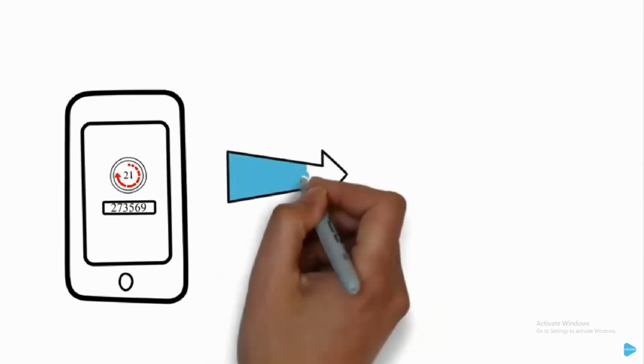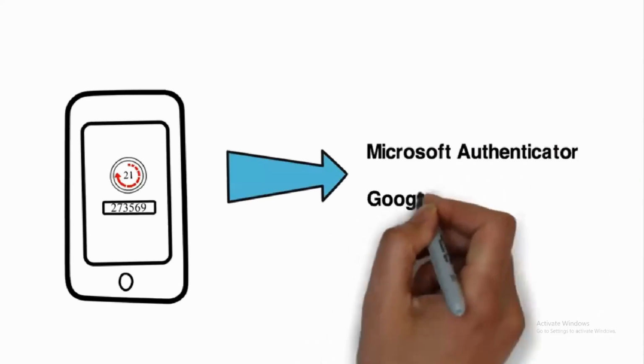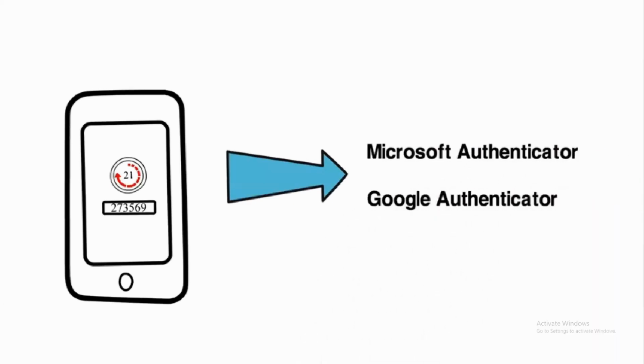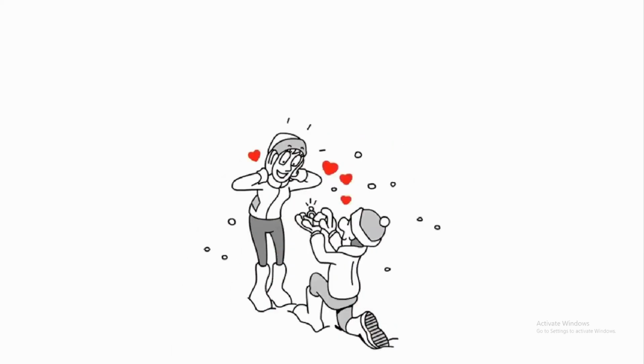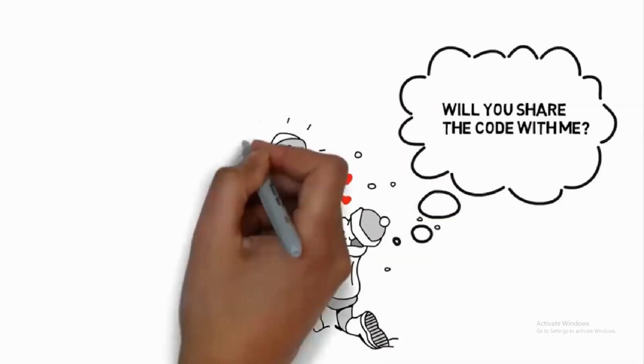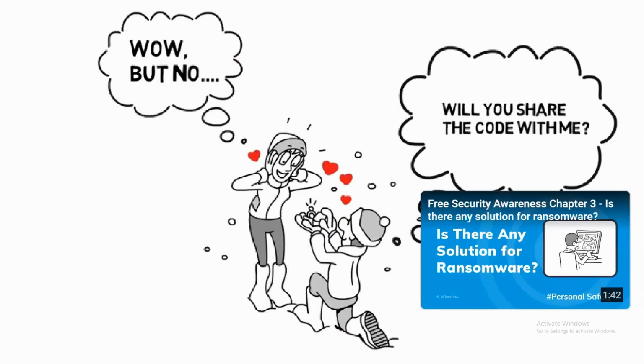Using an authenticator app is the preferred method because scammers found ways to also fool you to give them the code that was sent to your phone. Microsoft or Google authenticators are two apps that you can download from the App Store that will generate these codes for you. If your company has an alternative method, follow their direction. Oh, and never share these codes with anyone. I mean anyone.